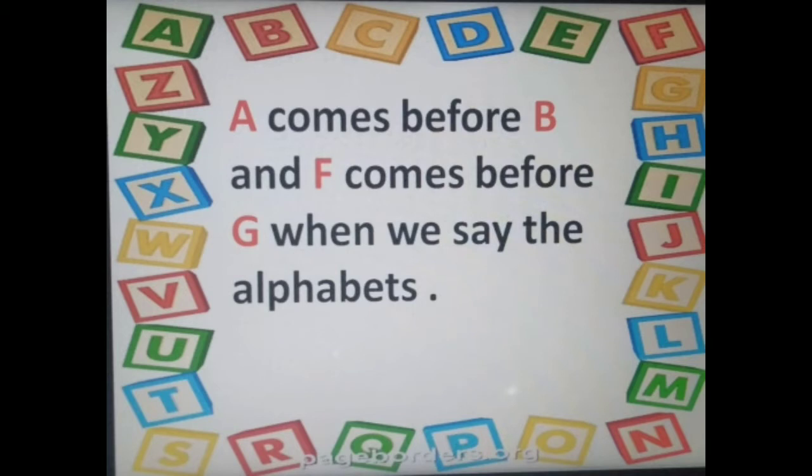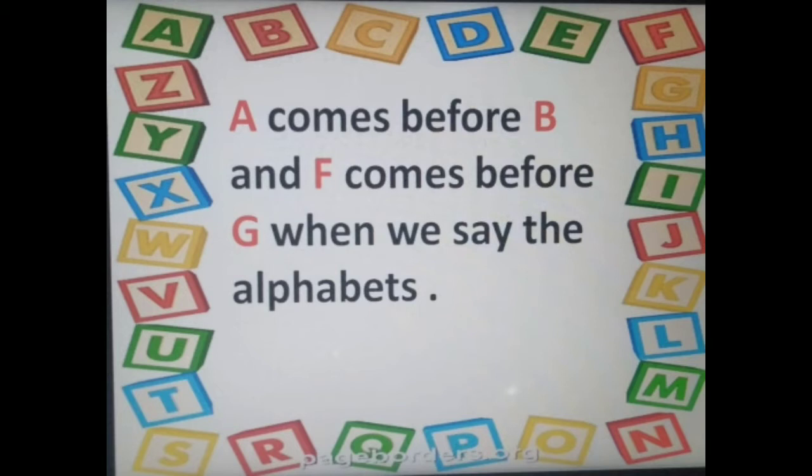A, B, C, D, E, F, G, H. Yes, it is correct. F comes before G. I will read again. A comes before B and F comes before G when we say the alphabets.